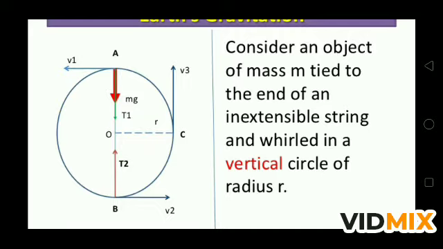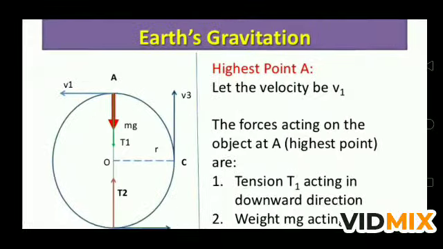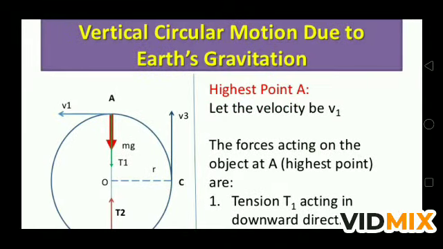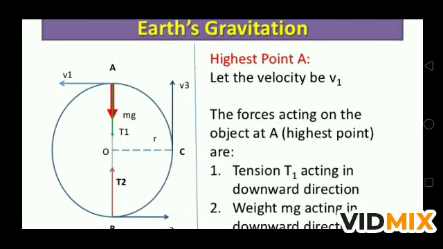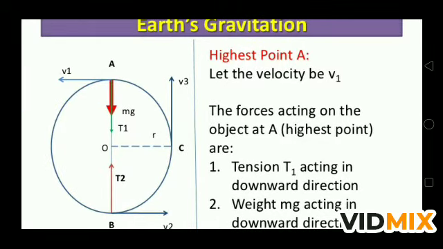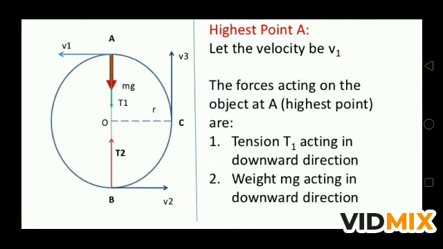In this diagram, if you see the points A, B and C, the three points on which we are going to find the velocity of the body in vertical motion. Now at the highest point A, during its vertical motion, the velocity will be v1.